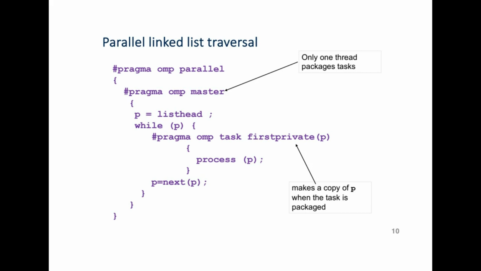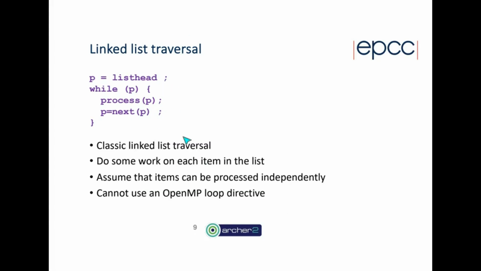Actually, if I go back and look at this code, it's not that you can't do this without tasks. It's just a little bit painful and not very efficient. Without using tasks in OpenMP, you could have a loop that traversed the list and just counted the number of items in it, if that was something you weren't already storing somewhere. In general you don't necessarily always have a variable that stores the length of the list.